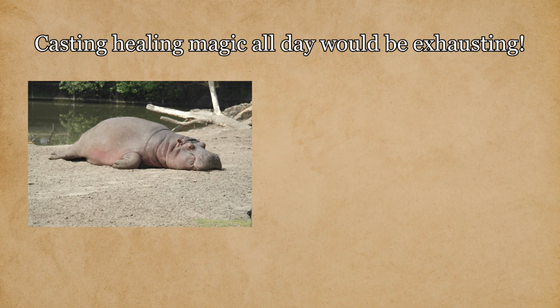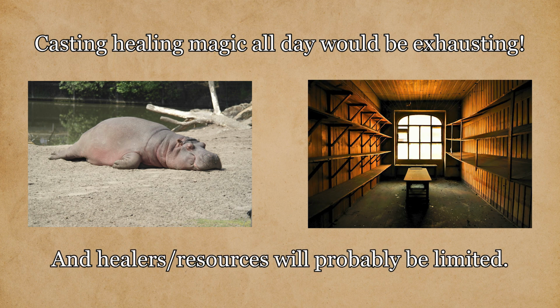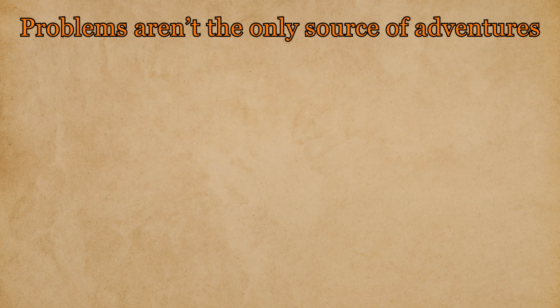Casting that kind of healing magic all day would be exhausting. And depending on the setting, there is almost certainly a limited amount of healers and resources available. So really, you can make any kind of easily solvable problem work in your setting if you can turn it into a logistical nightmare.